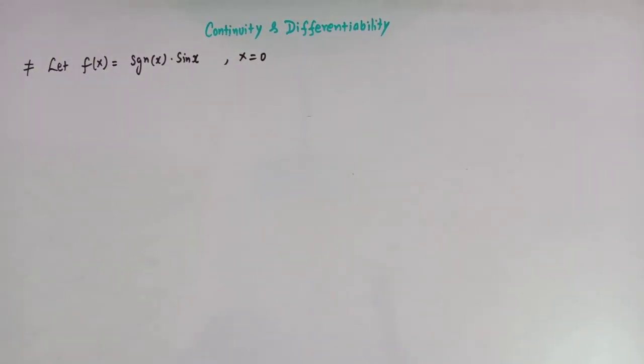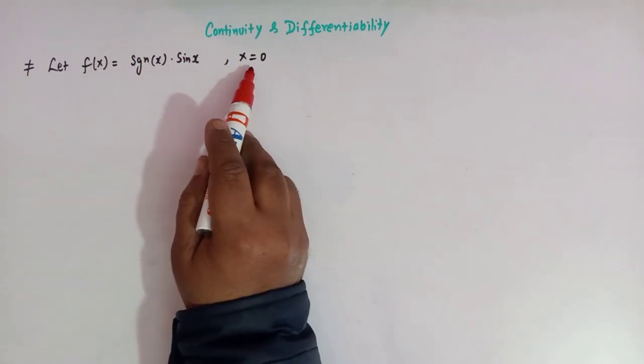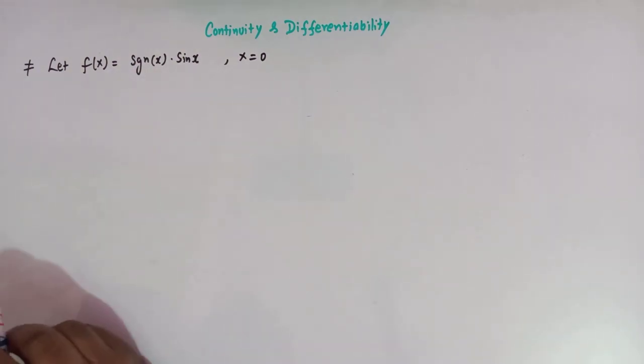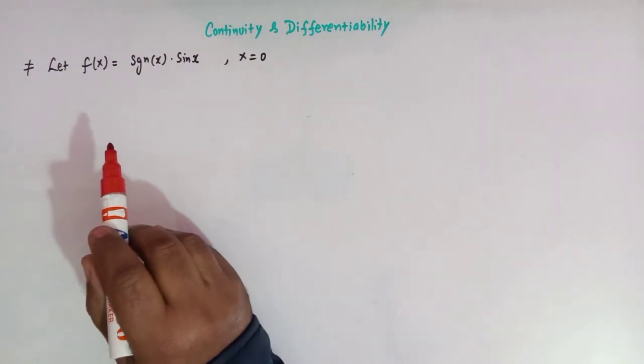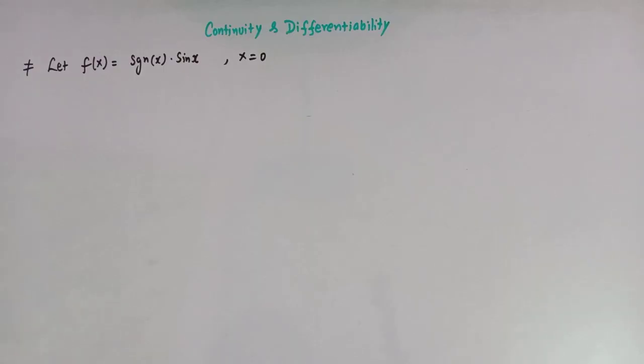So in this lecture, we'll first see the continuity of this function at x is equal to 0, and then we'll see the differentiability of this function at x is equal to 0.